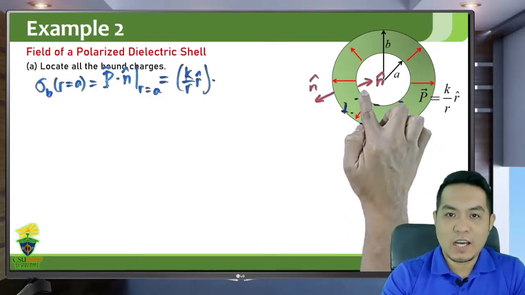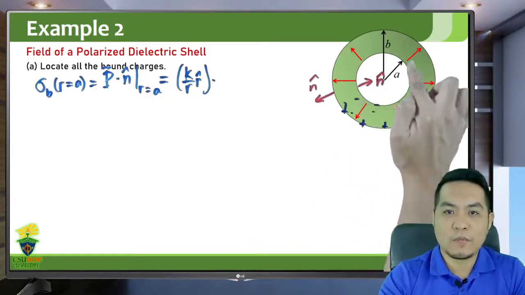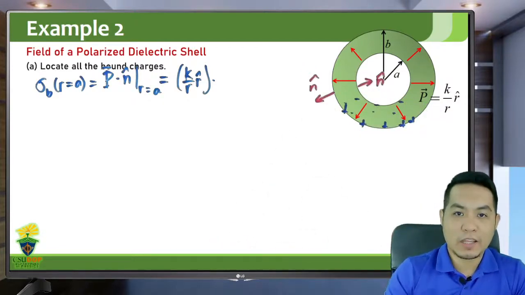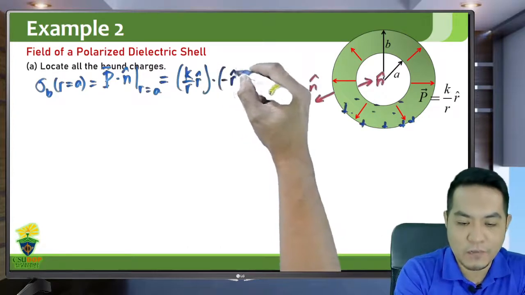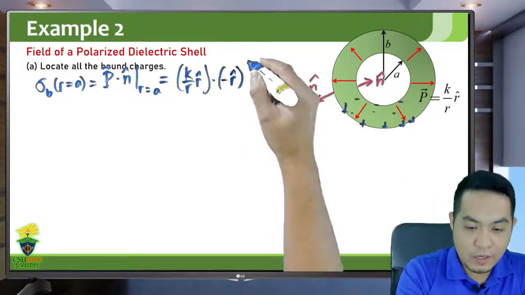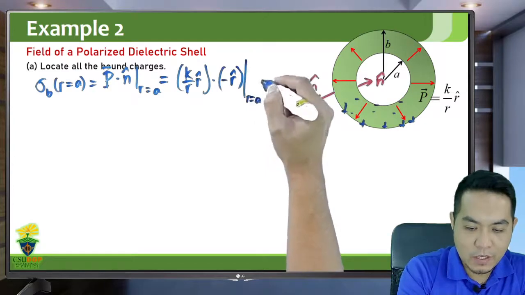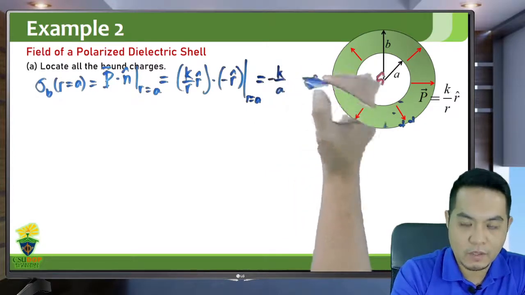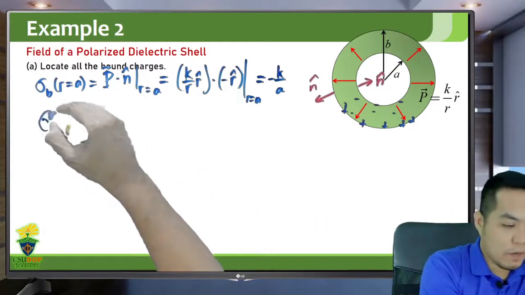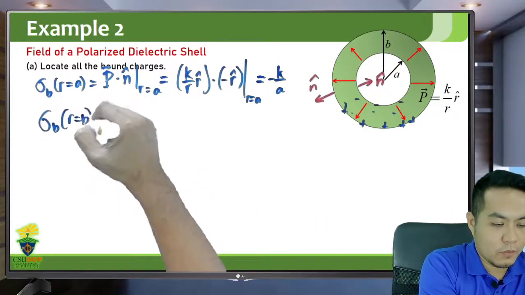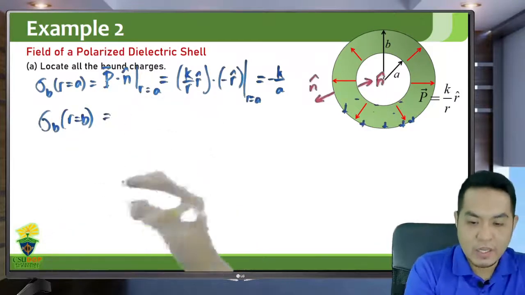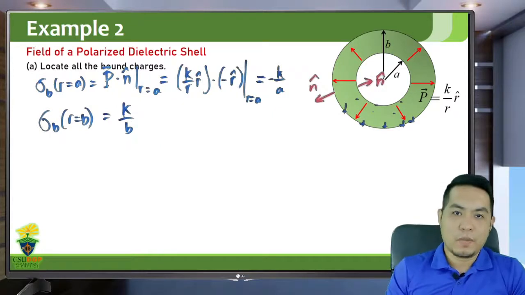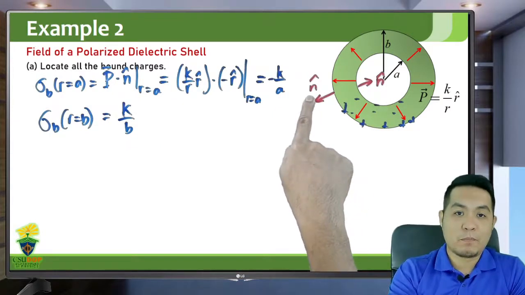So that's the definition of the n hat vector. So in this surface here, R is equal to A, n hat is actually negative R hat. It's towards the center. So you evaluate this at R is equal to A, and you will get negative K over A. You do the same thing for R is equal to B, and you will get K over B, because n hat here is positive R hat.